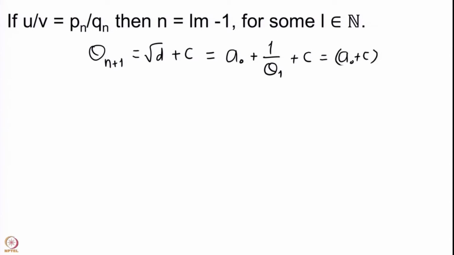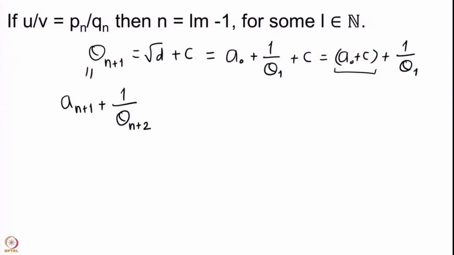So, this is a naught plus c plus 1 upon theta 1. On the other hand, this would be a n plus 1 plus 1 upon theta n plus 2, because the complete quotient theta n plus 1, its integral part is a n plus 1, and then you would have the next remaining fractional part, you will write it as 1 upon theta n plus 2. But if you look at it from this point of view, the integral part has to be a naught plus c.